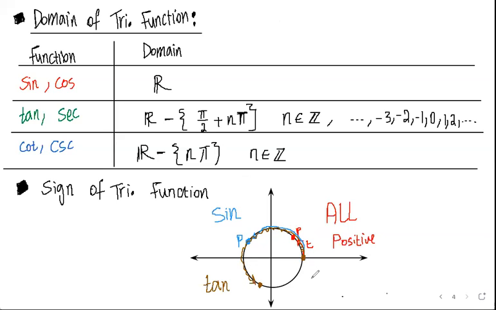And now, if I walk around this circle and I stop here, in this quadrant the cosine function is the only one that is positive. Cosine.